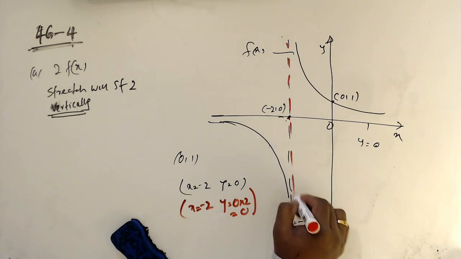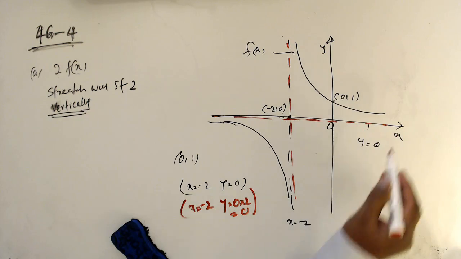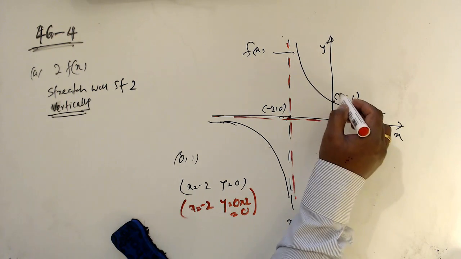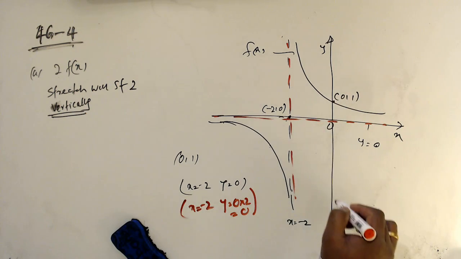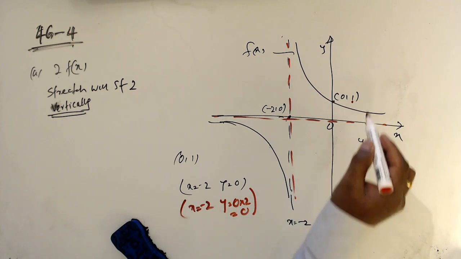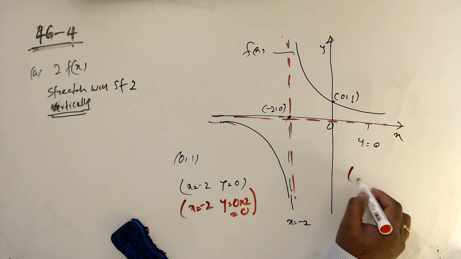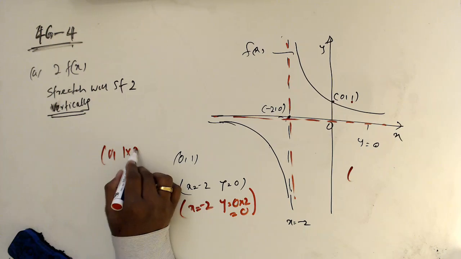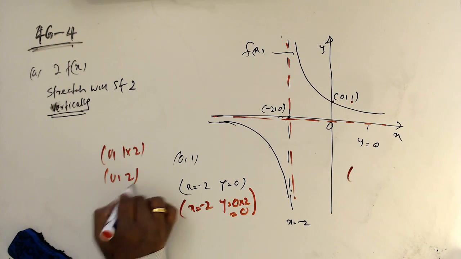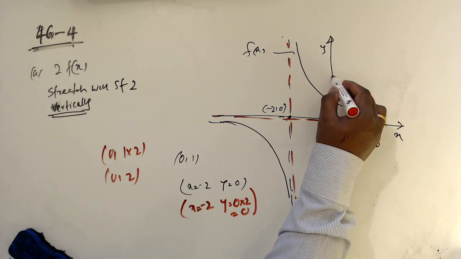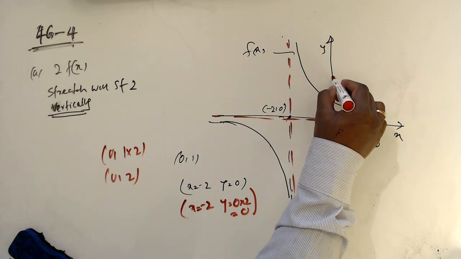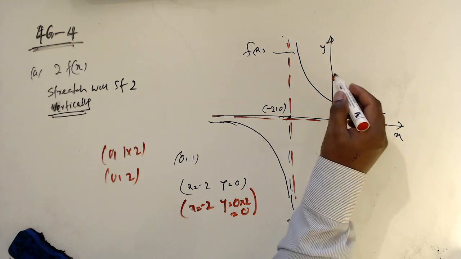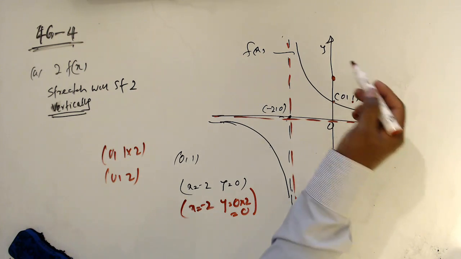It will not change. Now let me see another point. x is going to stay 0 as it is, but the y value will be changed: 1 times 2 is 2. So (0, 2). In that case, this point will move up to here. So that's the only change.